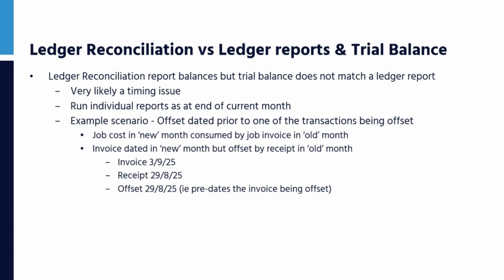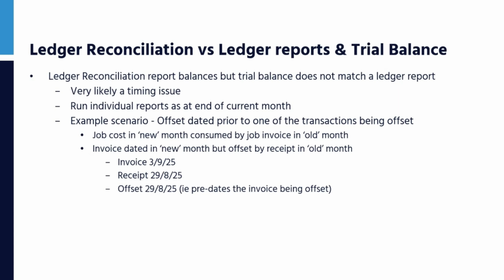So that could be a job cost in the new month being consumed by a job invoice in the old month. That happens typically where a job is coming to the end and you're doing your end of month invoicing on, say, the 7th day of the new month, but a minor cost has crept in from a supplier dated the 4th of the new month.